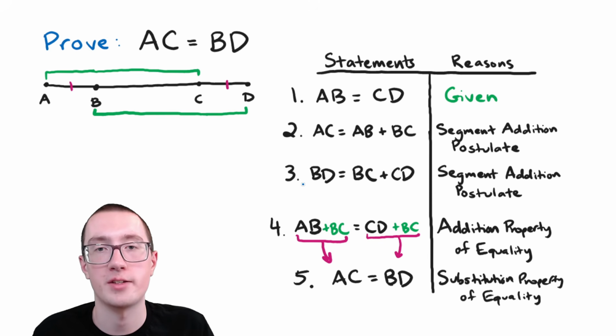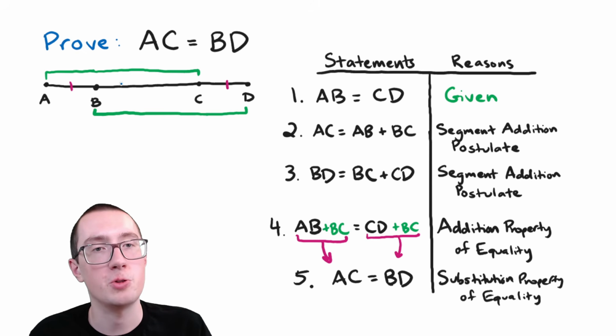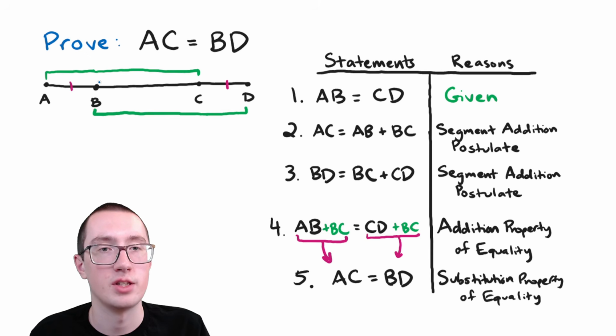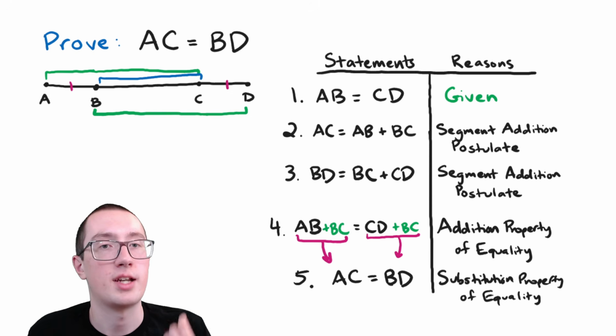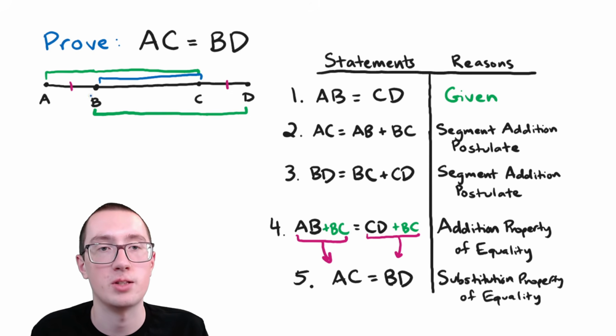And I know that it took a lot of steps, but let's go ahead and review what we just did. We started by knowing that AB was equal to CD, because that's what those tick marks meant. And we also noticed that BC, this part here, both of these had in common. So we knew that the proof was going to have something to do with that. So I figured, why don't we just split these up into their two parts? And that's what steps 2 and 3 are.